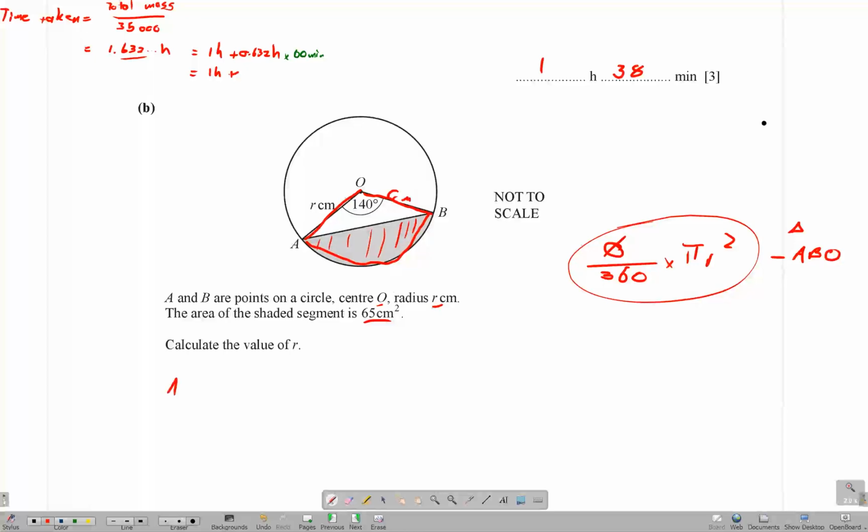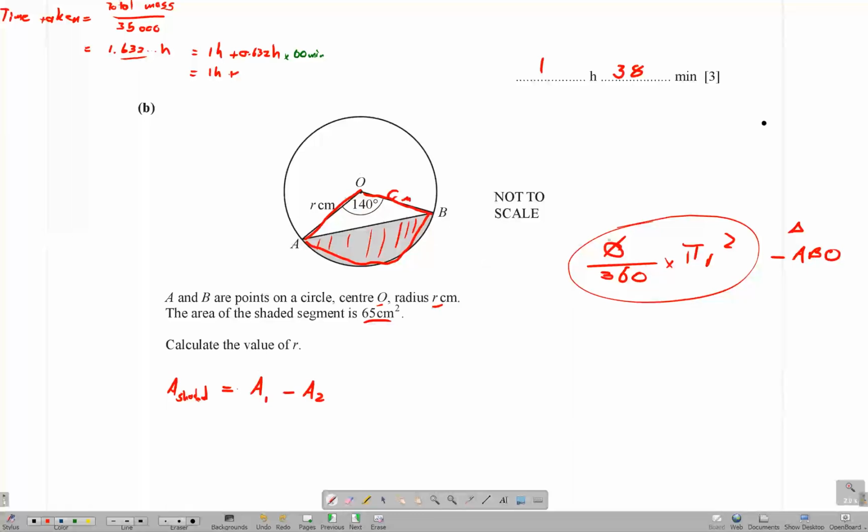So let's say the area of, I'm just going to say shaded, is equal to, okay, so let's call this area 1 and area 2. Okay, so the big portion, so this big segment is area 1, and this little triangle is area 2. Okay, great. So that's a starting point. Now we know what the area of this entire segment is.